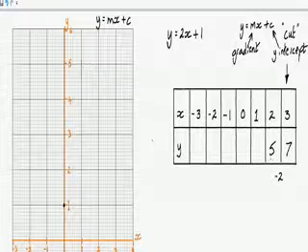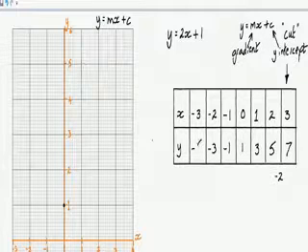So 5 take away 2 will give me 3. 3 take away 2 will give me 1. 1 take away 2 will give me minus 1. Minus 1 take away 2 will give me minus 3. Minus 3 take away 2 will give me minus 5. This pattern will always happen.